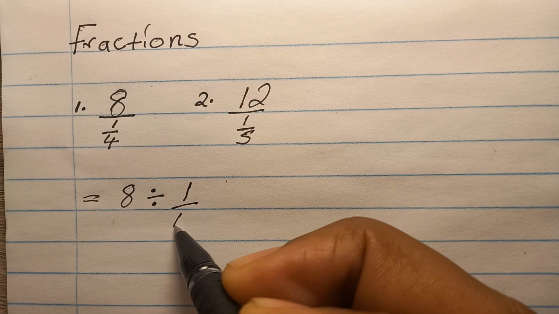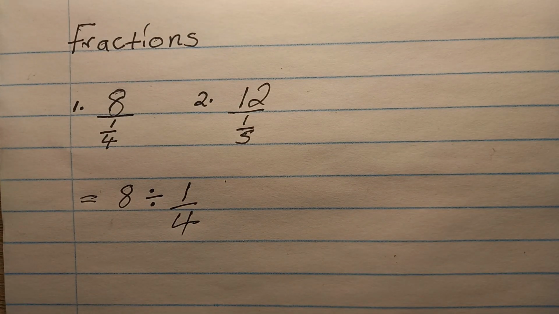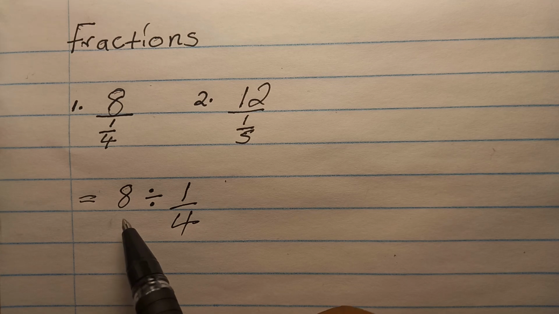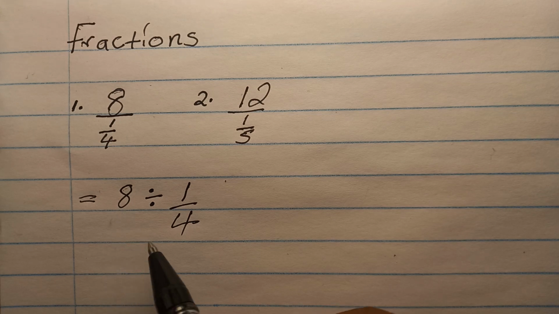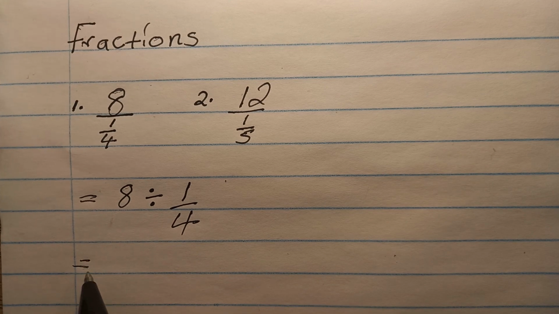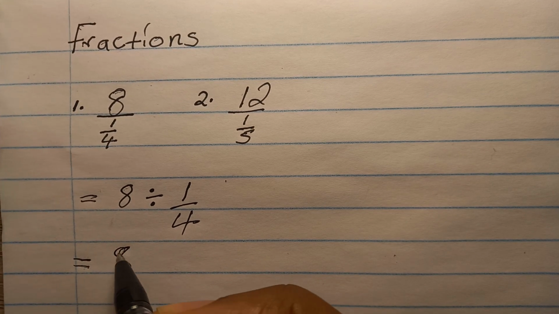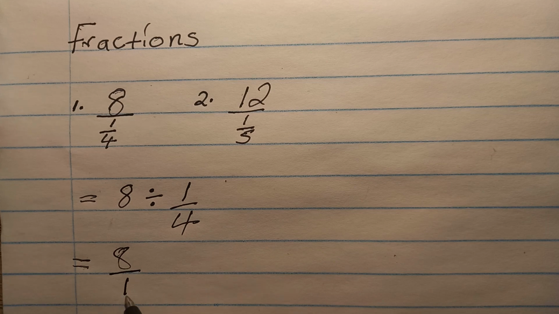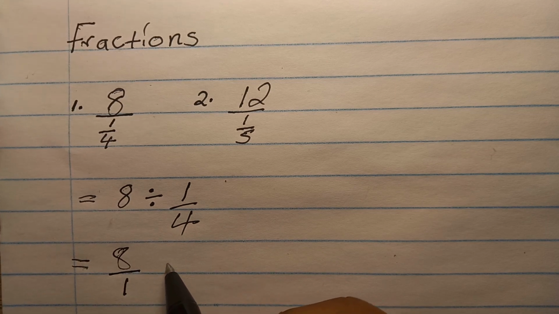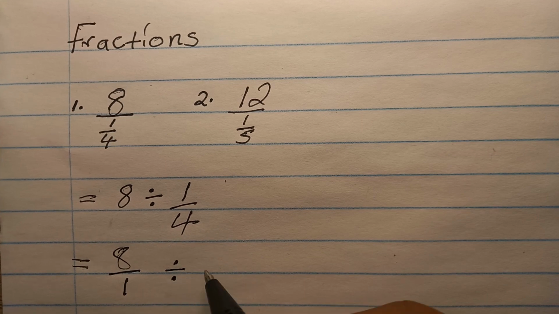Any number like this 8 is the same as 8 divided by 1. So because 8 is 8 divided by 1, we are dividing 8 over 1 by 1/4. This is correct.